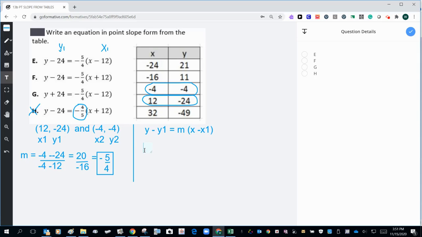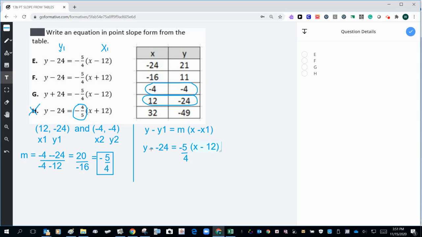Now let's go ahead and plug in our values. So this will be y minus 24 equals -5 over 4, open parenthesis, x minus 12.